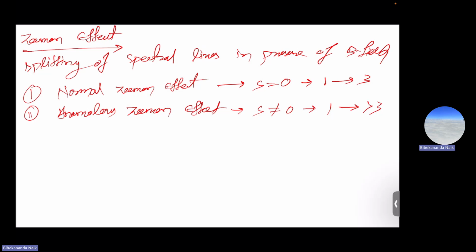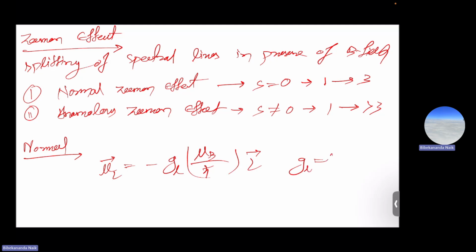If you talk about normal Zeeman effect, as we already discussed, there is no spin to be considered. So the magnetic moment coming out of orbital motion of the electron, mu L vector, will be minus gL mu B by h cross L vector, where we know gL is equal to 1.